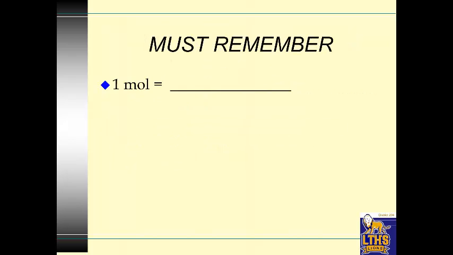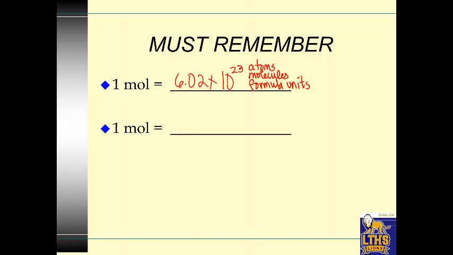You have to remember that 1 mole has Avogadro's number of representative particles in it. The kinds of representative particles we can have are atoms, molecules, or formula units, depending on what kind of particles we're talking about. And 1 mole equals the mass in grams from the periodic table.